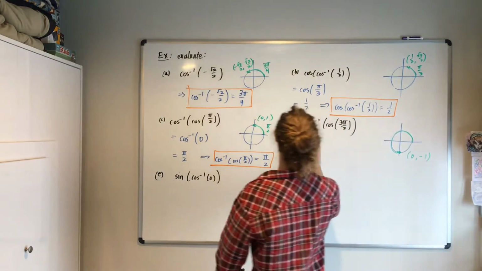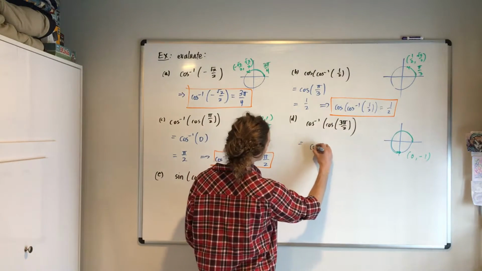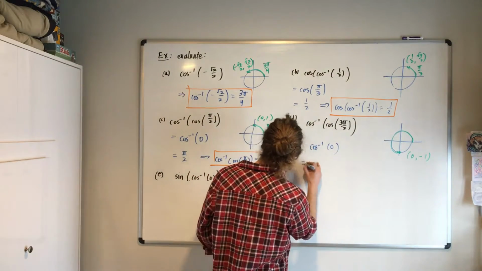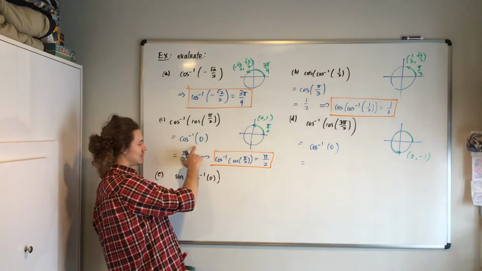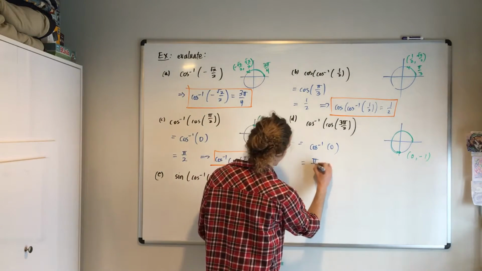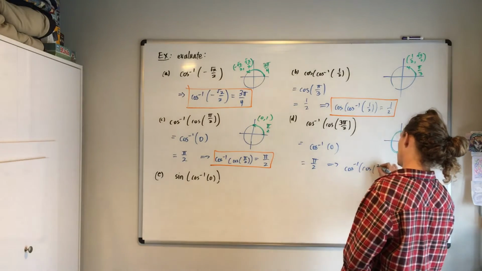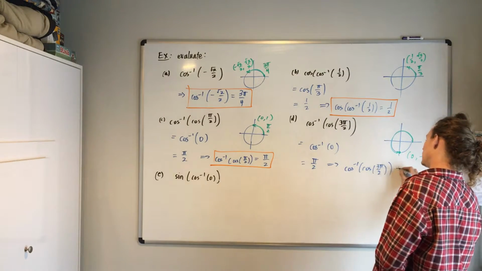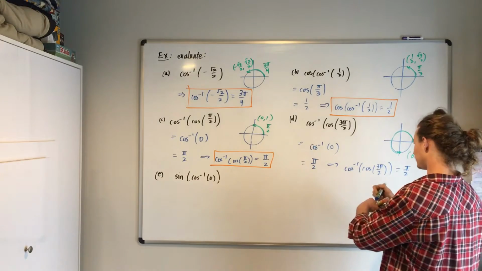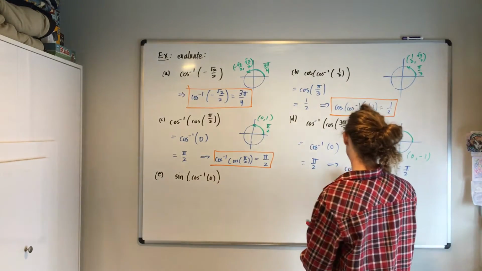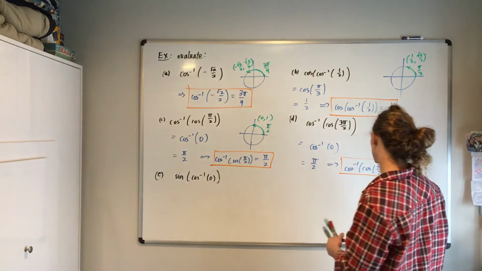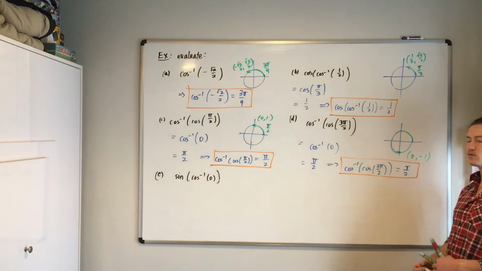Its x-coordinate is 0, so we're looking for the inverse cosine of 0. We've already evaluated the inverse cosine of 0, it's pi halves. So the inverse cosine of the cosine of 3 pi halves is equal to pi halves. And this last case is one where our input is not equal to our output.